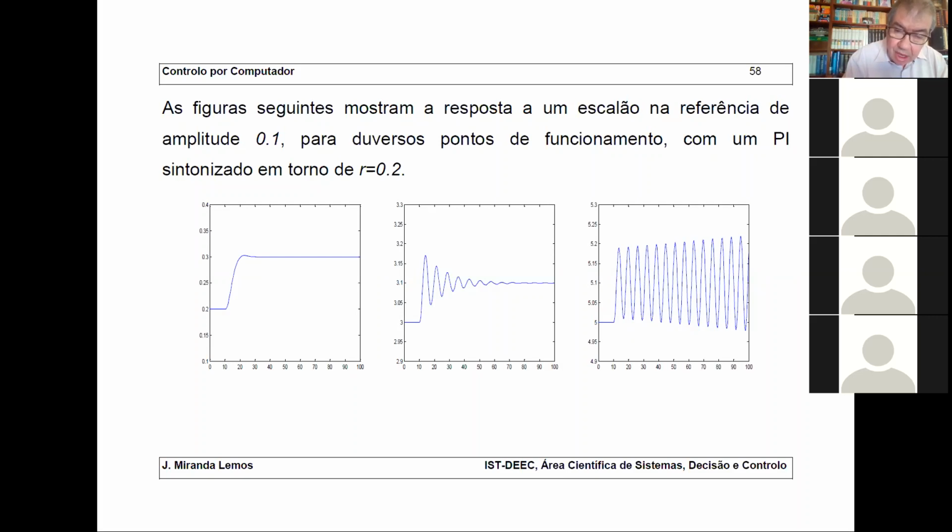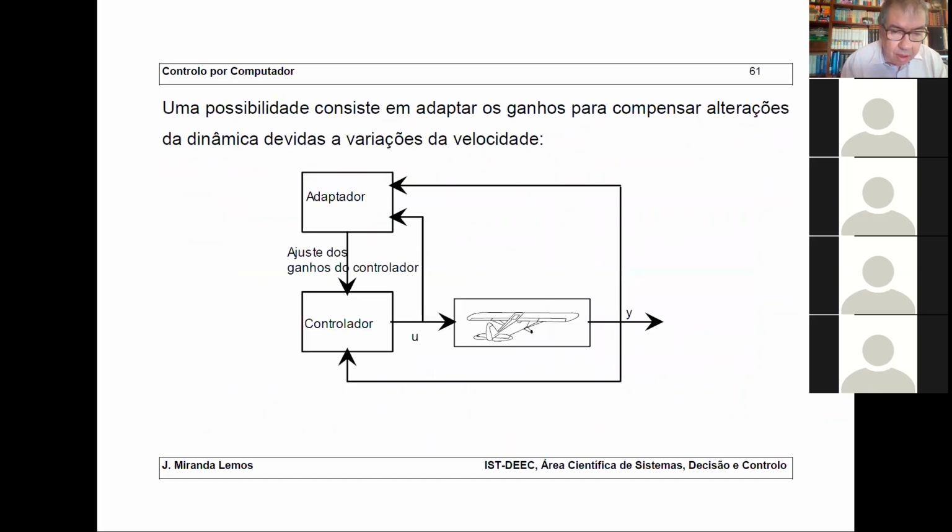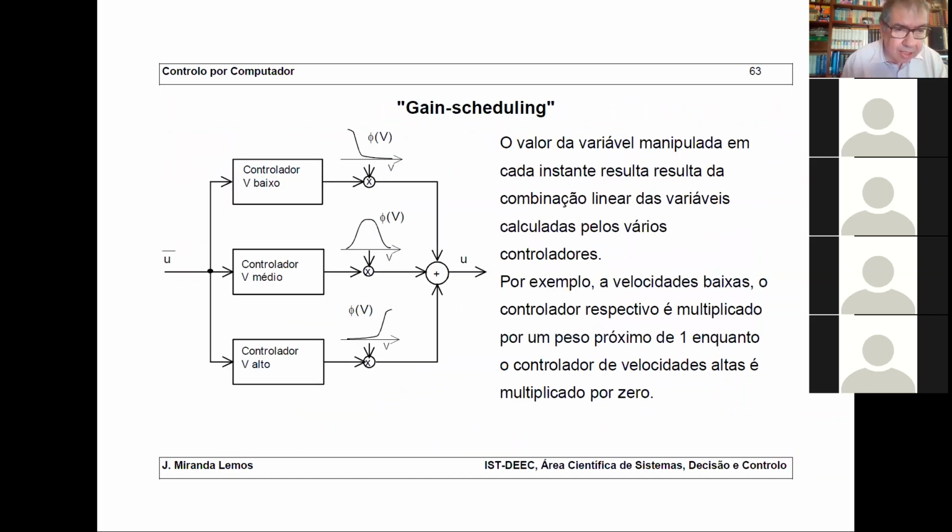So depending on the conditions, on the variables, and these variables are usually the speed and the consumption of air, depending on these two variables, you select different values of the controller gains. Okay? This is something called gain scheduling.